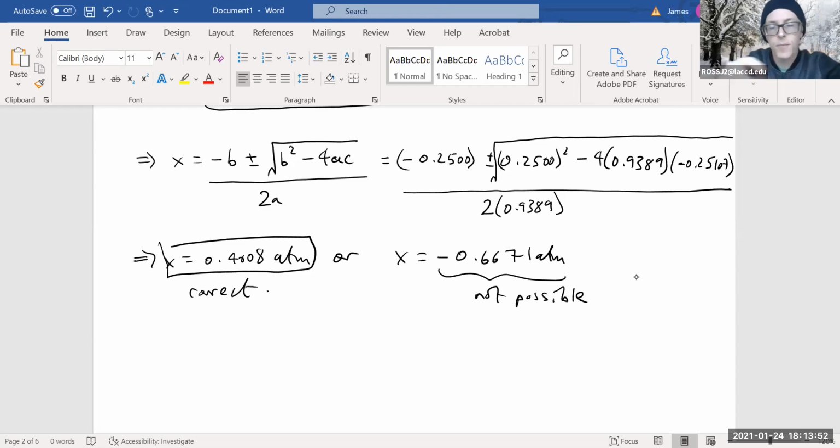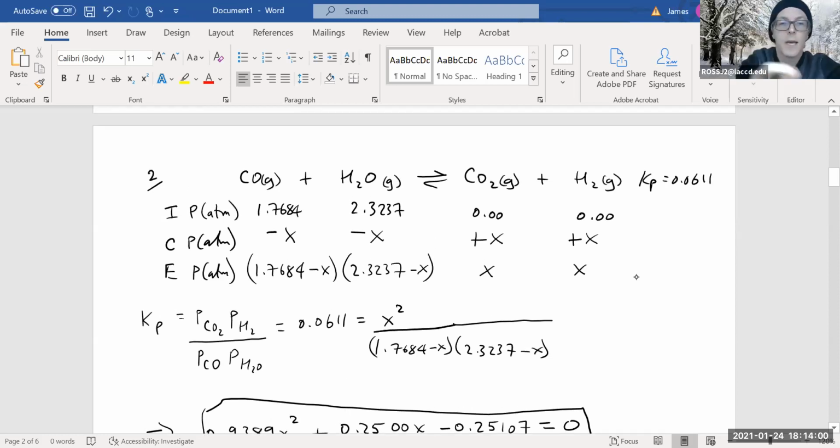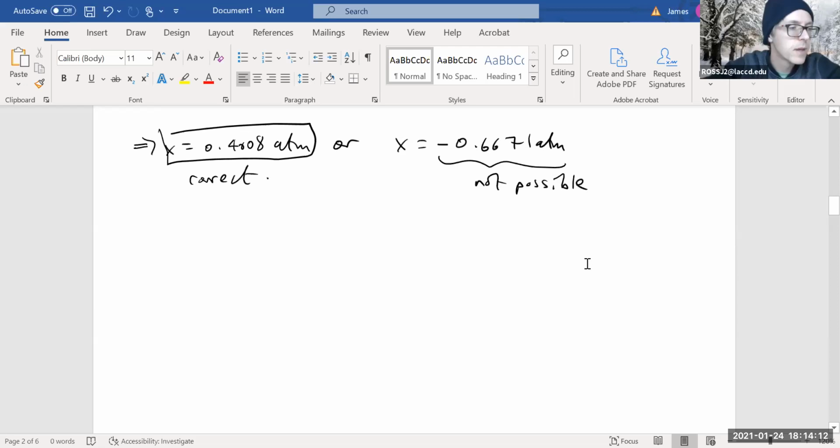Okay, so if we look back at our ice table, we already know the equilibrium pressure of CO2 and H2, and we can just plug in x with these variables to get the equilibrium pressure of CO and H2O. I haven't finished that in my notes, which is kind of funny. But I will just say that the pressure of CO2 is equal to the pressure of H2, which is 0.4008 atm.